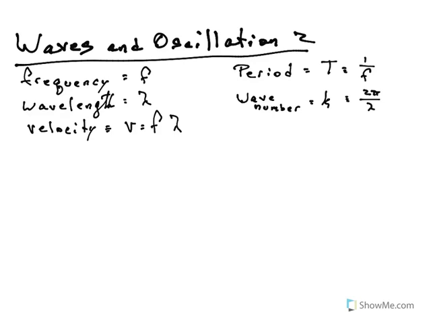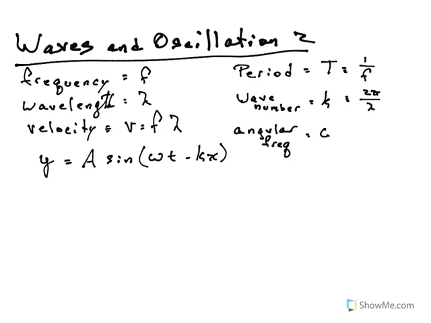And we also discussed the mathematical formulation of a wave, y, that is the height of the wave or the amplitude of the wave at some time t, is given by A, the maximum amplitude of the wave, sine of omega t minus kx, where omega is also called the angular frequency, is 2 pi times f.